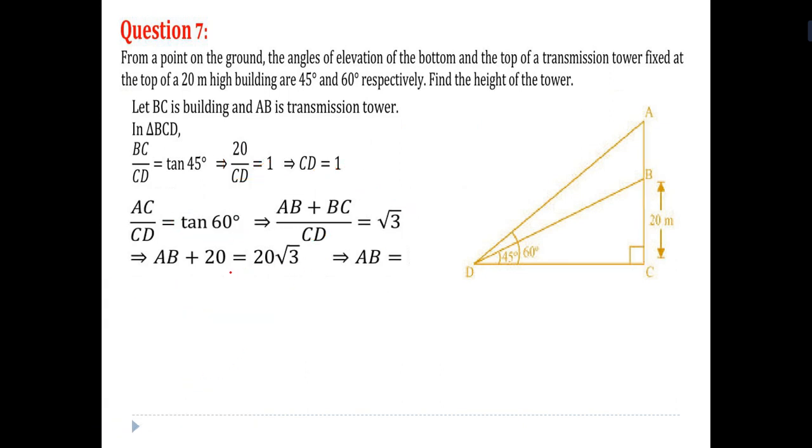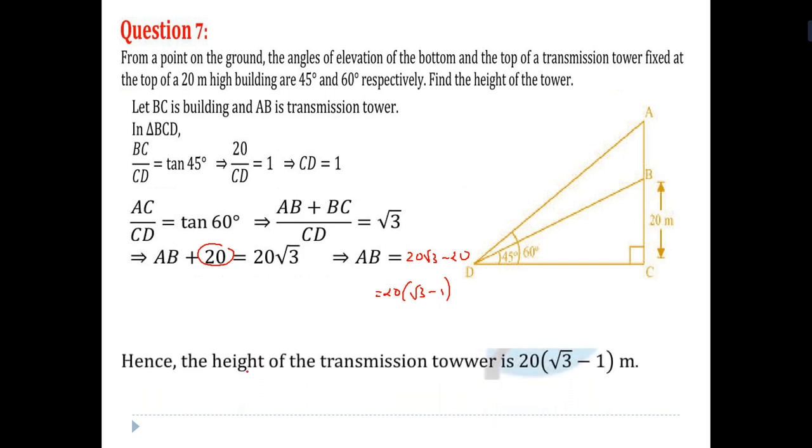To find AB, I have to shift this 20 over here, so 20 root 3 minus 20. If I take it common, then 20 times root 3 minus 1. Hence the height of the transmission tower is 20 times (root 3 minus 1).